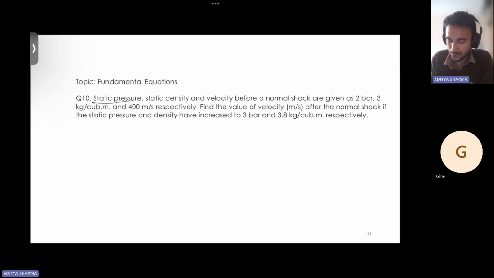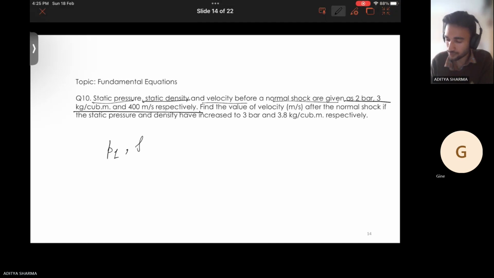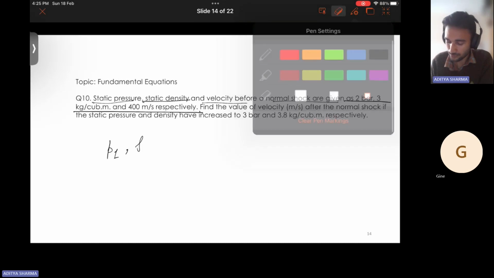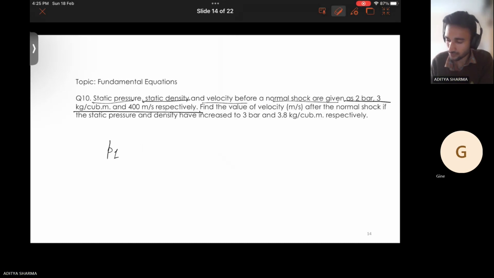So we have been given the static pressure, static density, and velocity before a normal shock. So P1 is given as 2 bar.